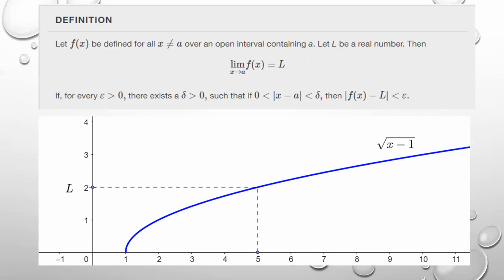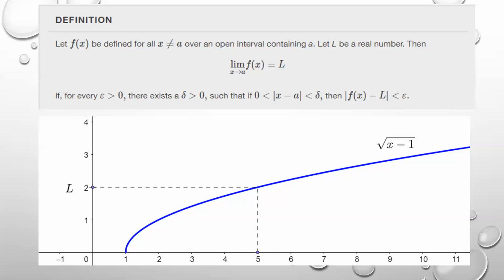The precise definition of a limit says, let f of x, some function, be defined for all x not equal to a over an open interval containing a. Let L be some real number.